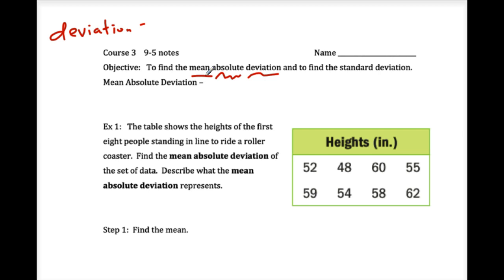Deviation means how far from the average. That's what deviation means. Okay?